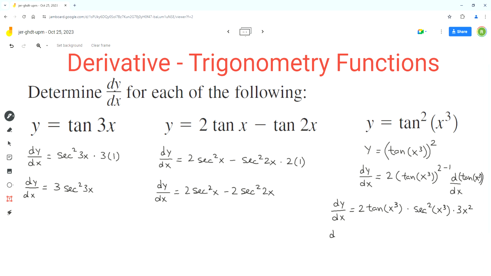Now we can simplify this expression. So we can multiply 2 by 3x squared, so we get 6x squared. So this should be the final answer for the derivative of this function. So I'll just put x cubed in parentheses as it's given in the function.